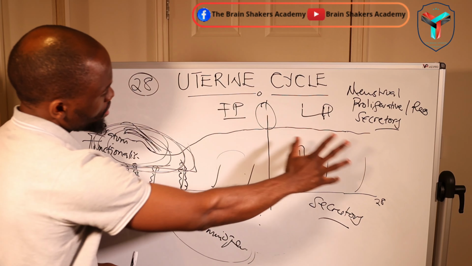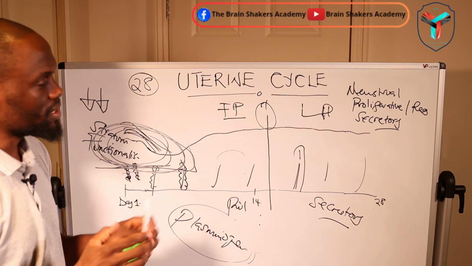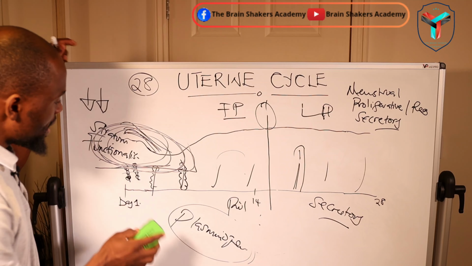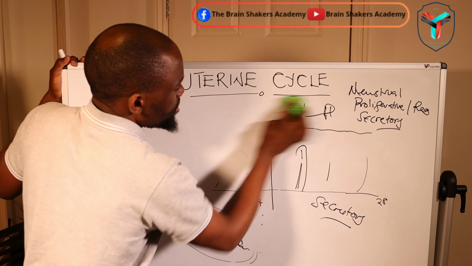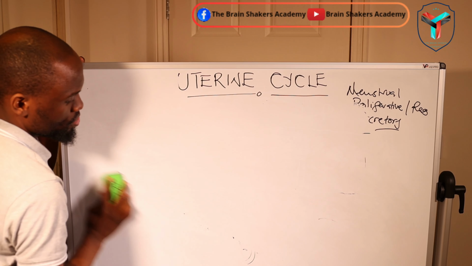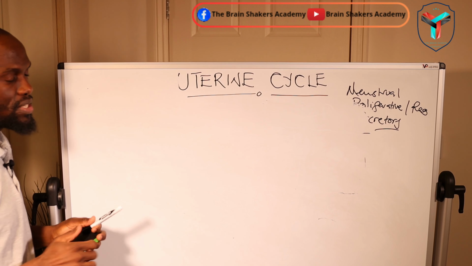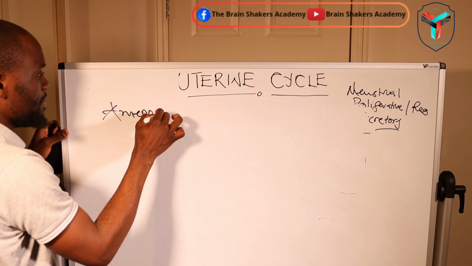Now, you cannot just discuss the menstrual cycle without also making mention that there are certain abnormalities or conditions that we do see when we are discussing issues to do with the menstrual cycle. Some of the things we would talk about are amenorrhea.